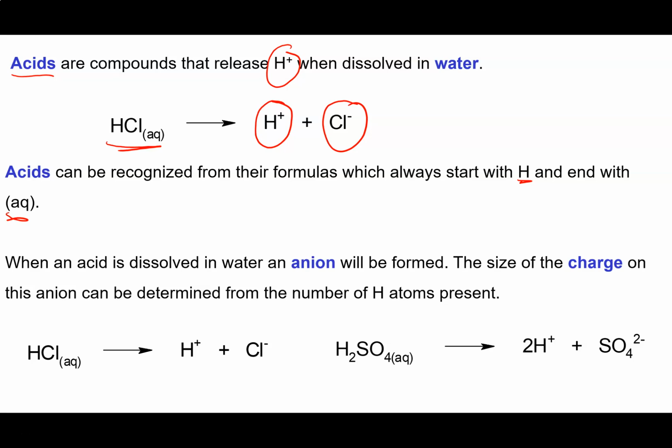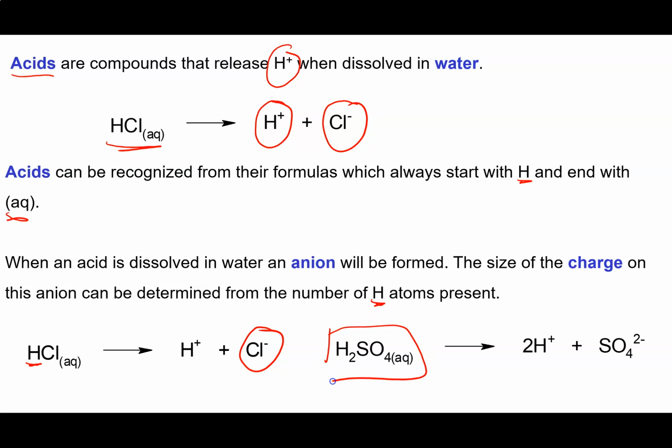Whenever an acid is dissolved in water, it's going to form some hydrogen ions and also an anion. Something to keep in mind is that the size of the charge on the anion can always be determined by the number of hydrogen atoms present in the formula of your acid. If we look here, we have one hydrogen atom in the formula of our acid, so we know the anion formed has a 1 negative charge.